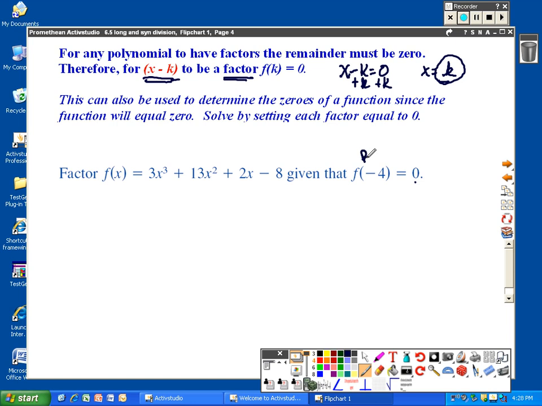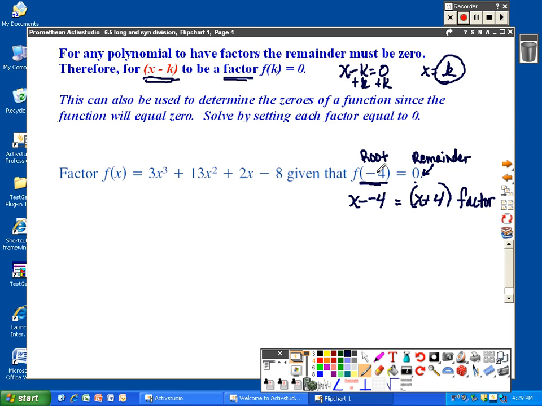This is my root. This is my remainder. And if my remainder is 0, this root can be changed to a factor by writing it in the x minus 4. So I already know one of my factors is x minus negative 4, which would be x plus 4. That is my factor that gave me this root.